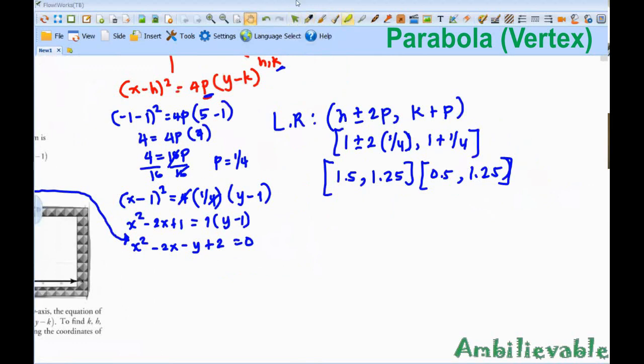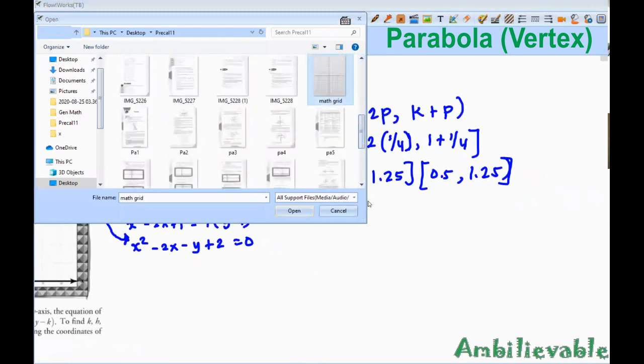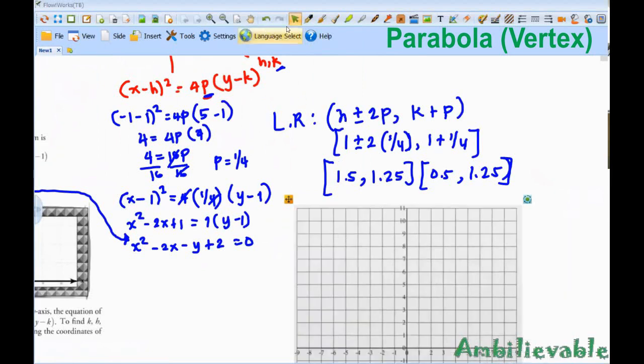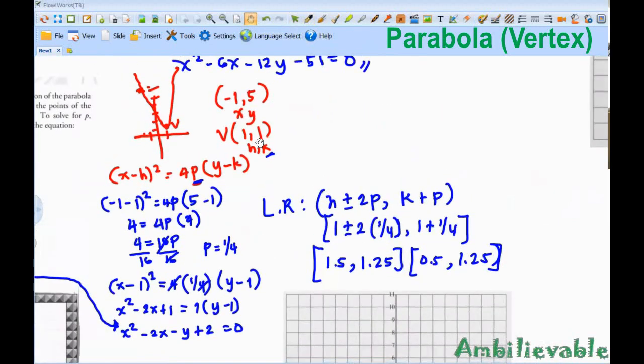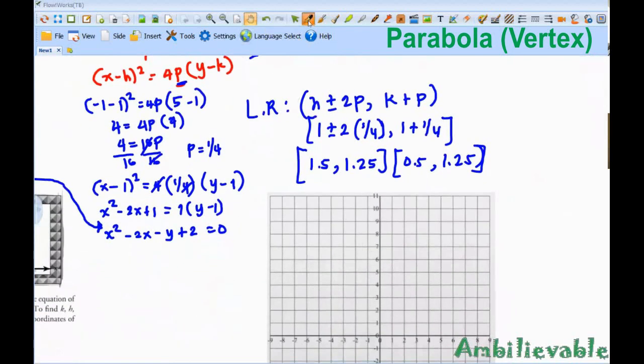Okay, so we got this already, and then we can get our directrix at the same time. So let us insert the grid and try to do graphing. So the vertex is at 1, 1. Don't we have the focus yet, right?